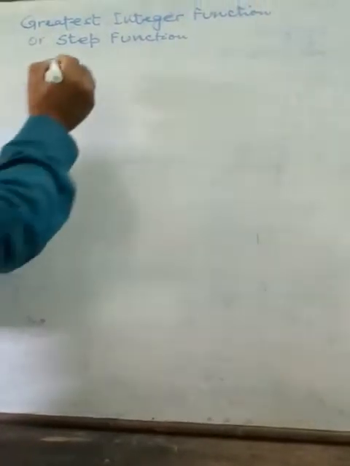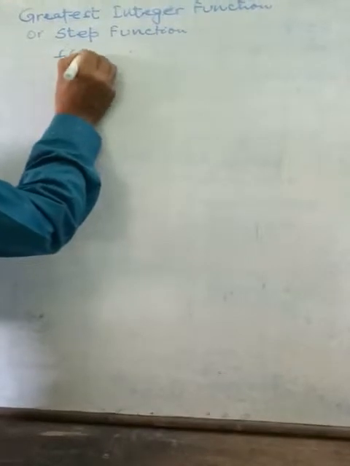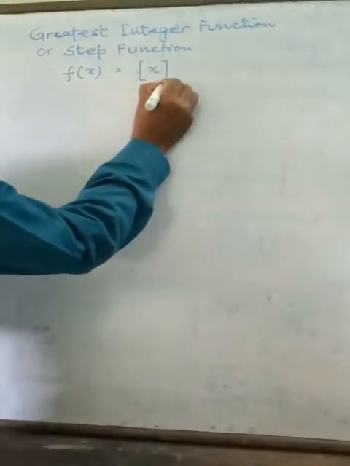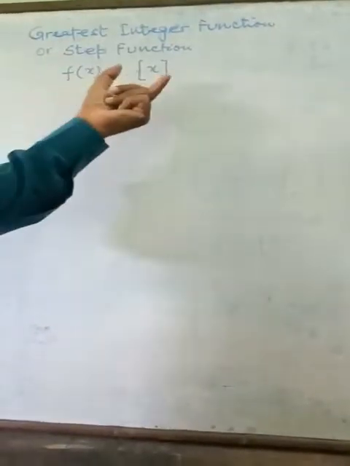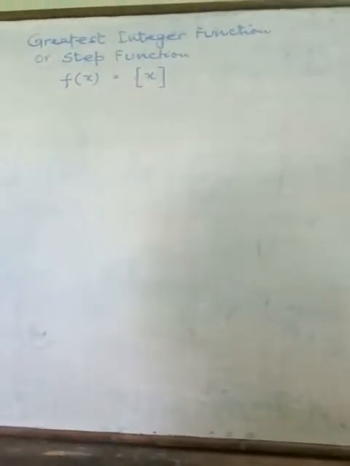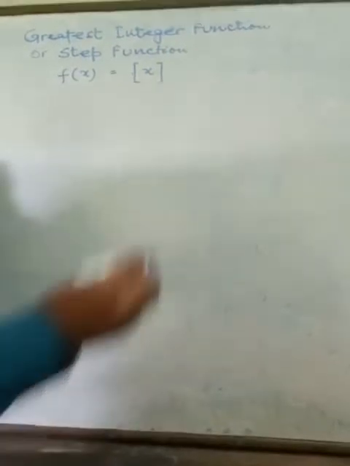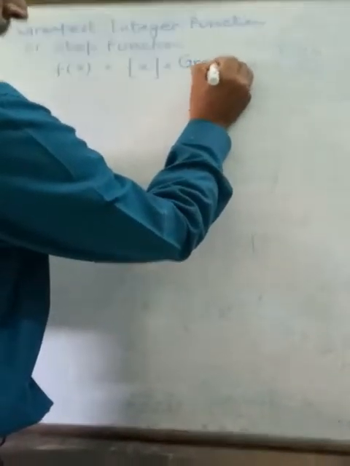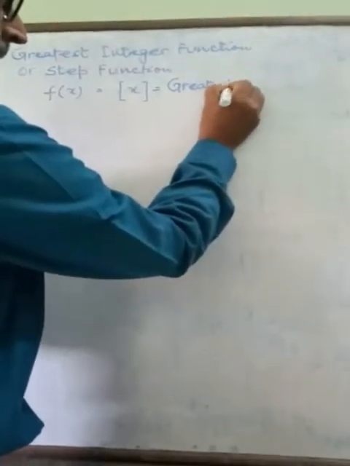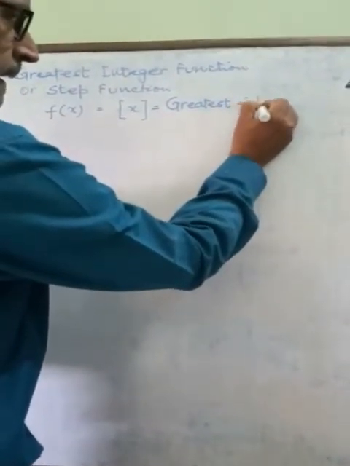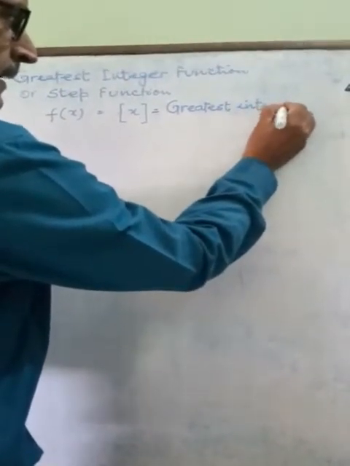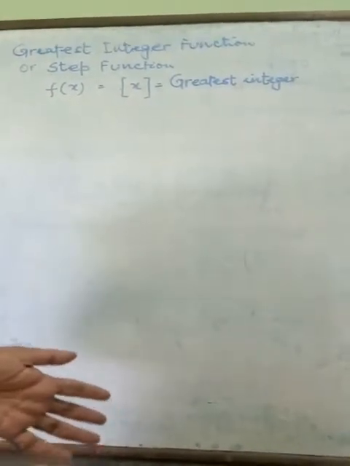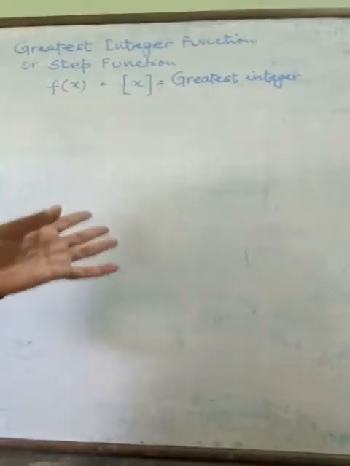We write it like this one. This is called greatest integer function and is defined as greatest integer not more than, or you can say not exceeding x.